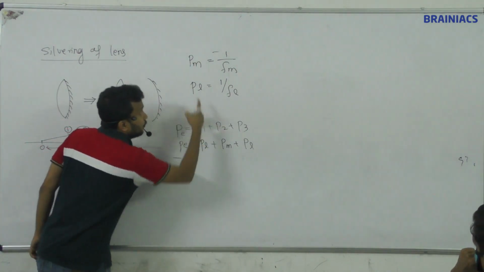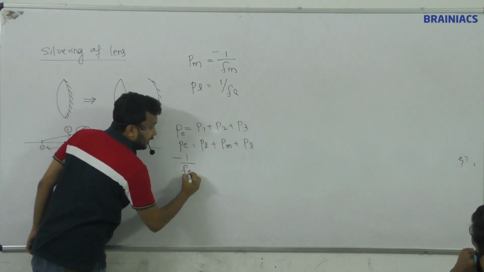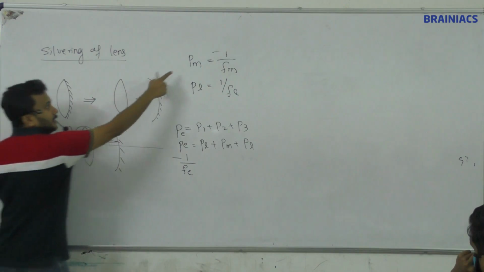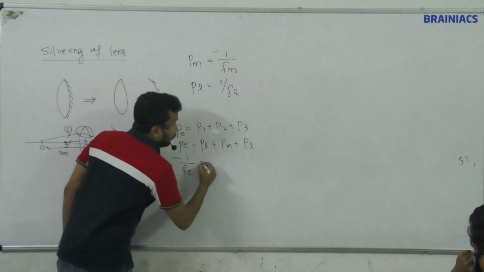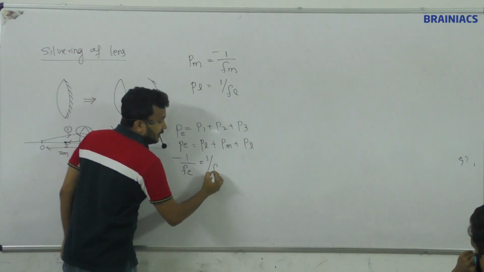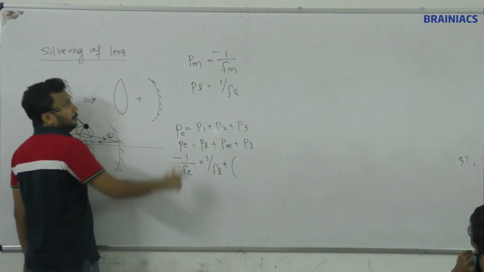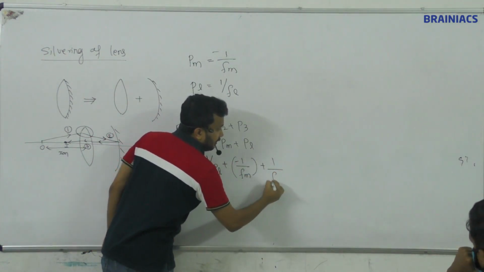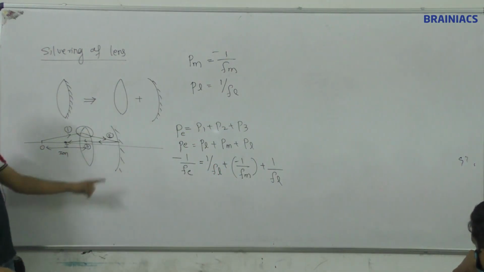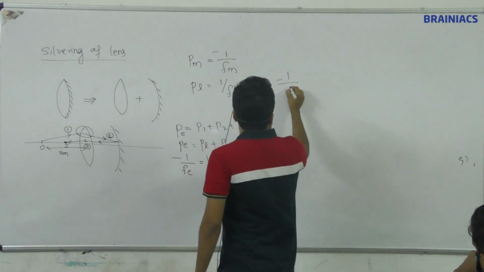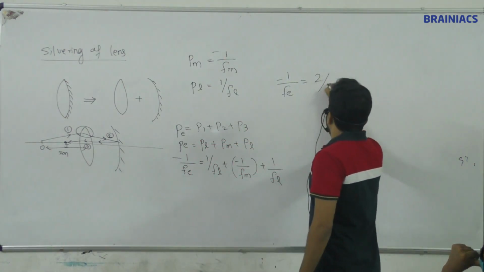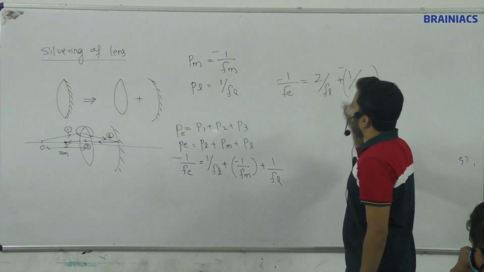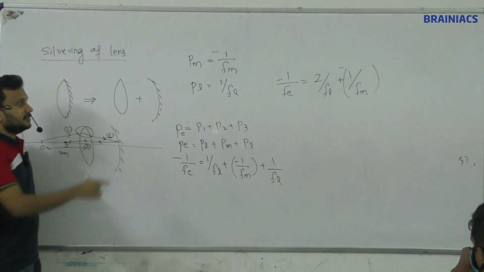So we apply the mirror formula, minus 1 by FE equals 2 divided by FL plus 1 divided by FM, with the minus sign. This is not another formula.